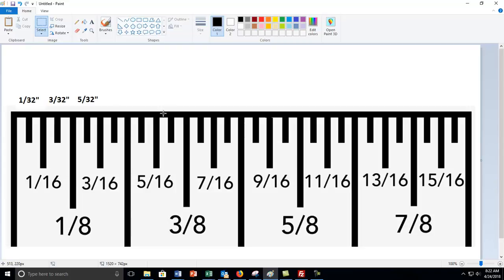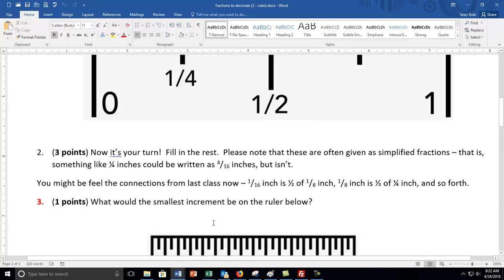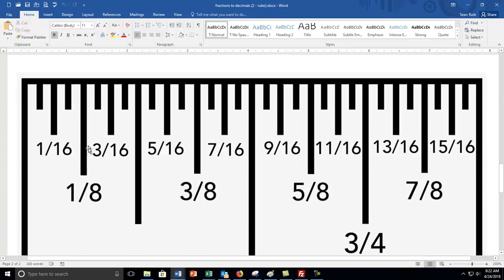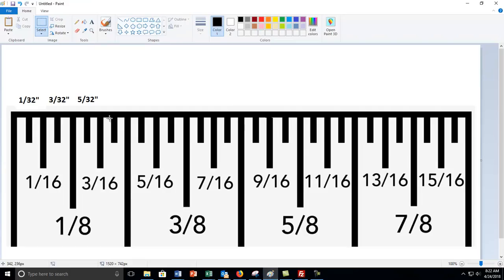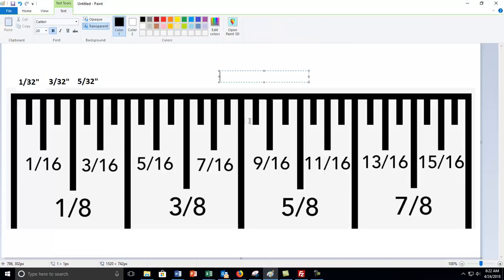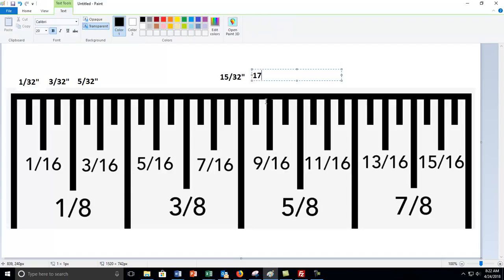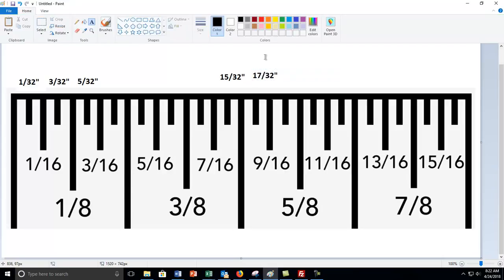And the reason for that is the same reason as on the previous one, that these were alternating, because every other one simplifies as a power of 2. So same thing's happening over here. This is a half right here in the middle, a half, which would be technically 16/32. So the one right before it would be 15/32, and the one right after it would be 17/32, and hopefully that makes sense.